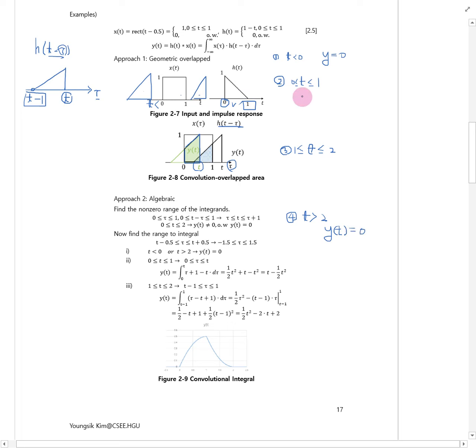Okay, think about this period. In this period we have to calculate this trapezoidal area. So this height is 1, and we know that if this is t, then this point is t minus 1. Then this distance should be equal to this distance.